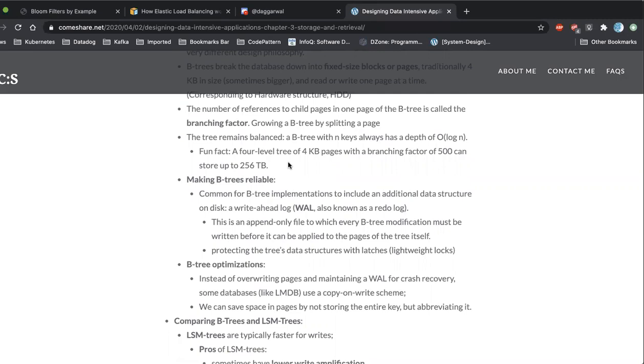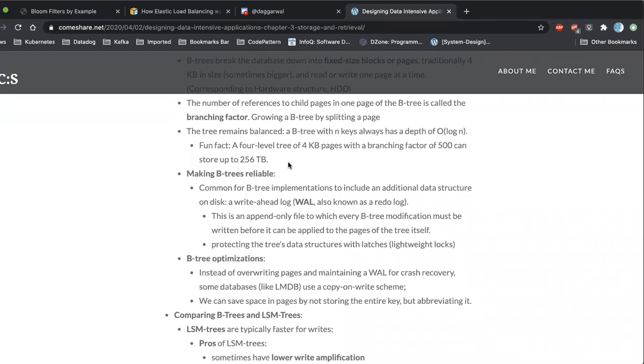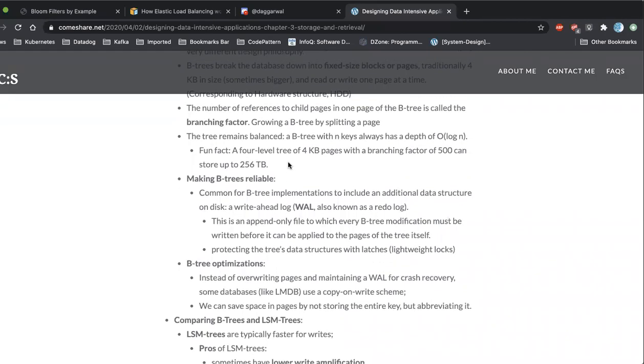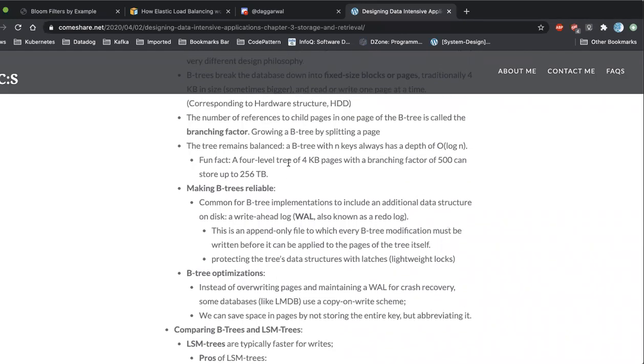You can pull that index, which is much smaller in size than the actual B-tree, and read it in memory and use that to search through your actual disk structure. But maybe I'm jumping ahead. B-tree is the full data structure, and then you build indexes on top of it.